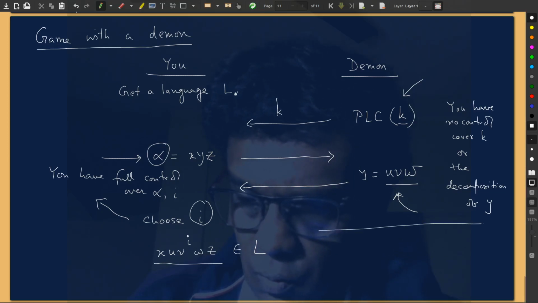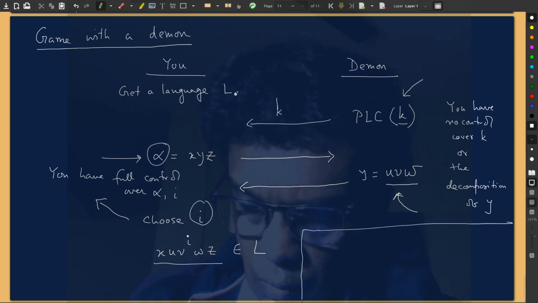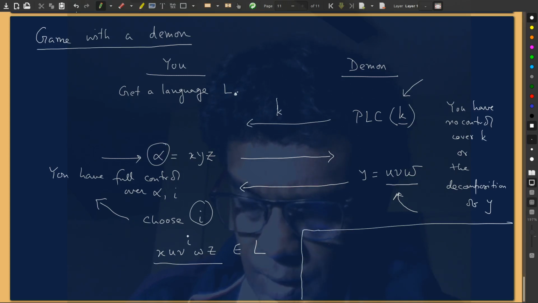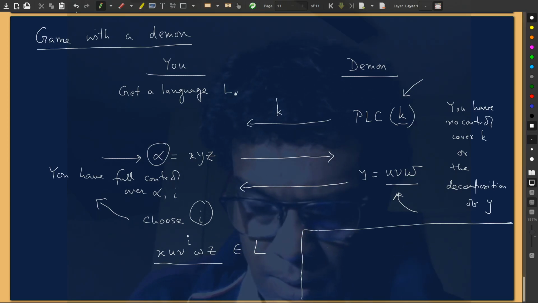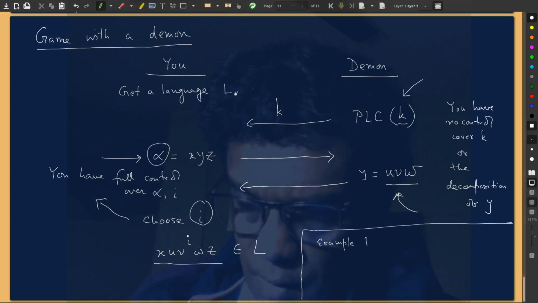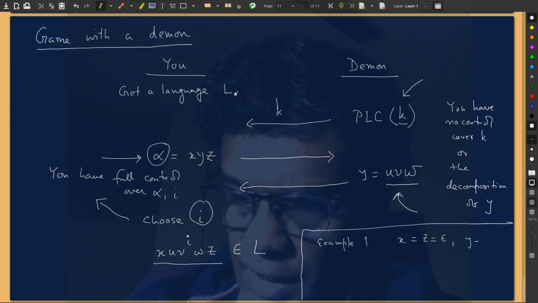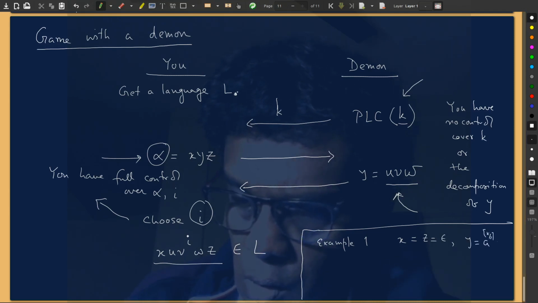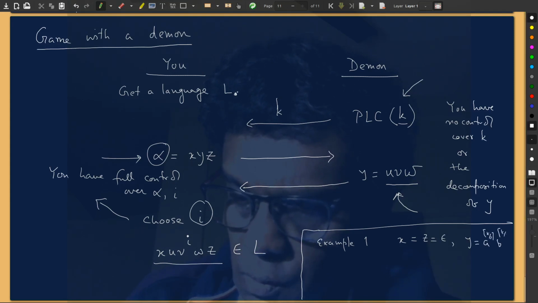Just to be a little bit more concrete, let us look at this example 1, where I have taken x equal to z equal to empty, whereas I have taken y to be the full thing, a to the power k by 2, b to the power k by 2.